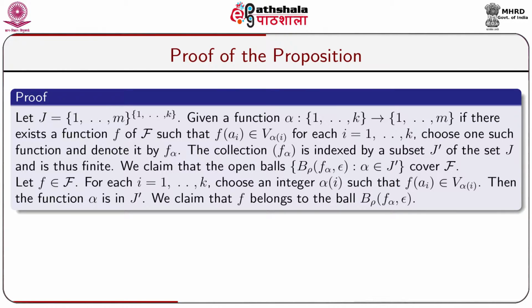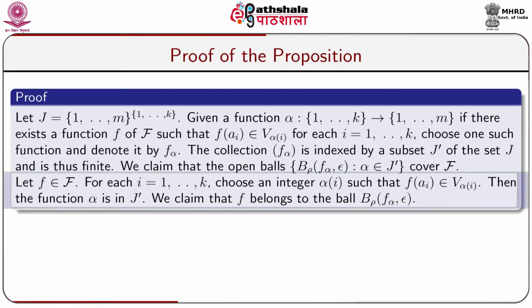Now, given any alpha belonging to J, if there exists a function f in script F such that f(a_i) is contained in V_alpha(i) for each i equal to 1 to k, choose one such function and label it by f_alpha. Then the collection f_alpha is indexed by a subset J dot of the set J and is thus finite. We claim that the open balls B(f_alpha, epsilon) for alpha belonging to J dot cover script F.